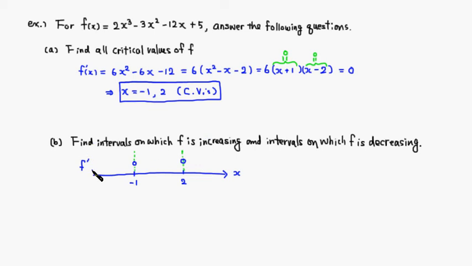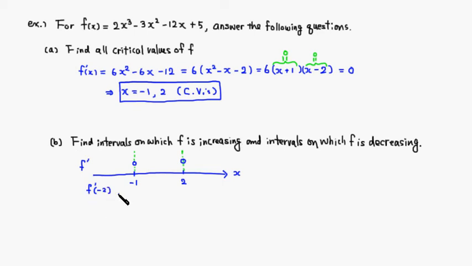There's an easy way to determine the sign. All you really have to do is pick any sample point that belongs to the interval, so any number less than negative 1. I'll try negative 2. So f prime of negative 2.